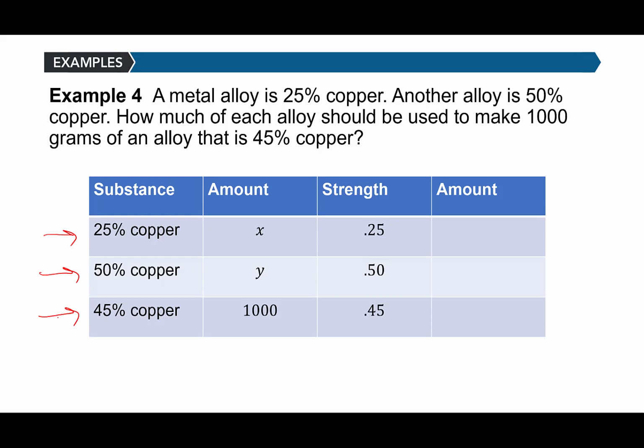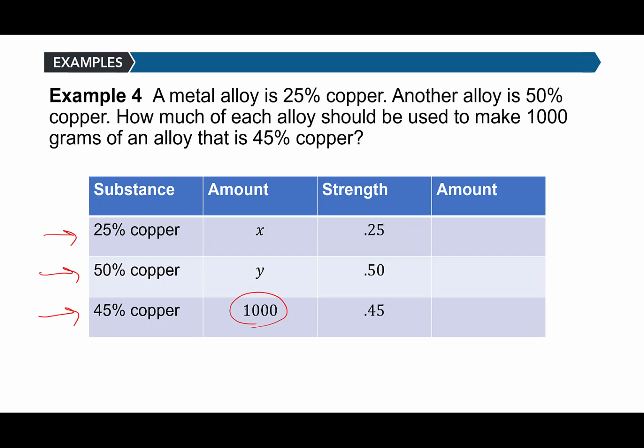Then we want to list the amount of each of those that we have. Well, we don't know, right? That's where our variables come in. We don't know how much of the two we're mixing together, so X is going to represent the amount of the 25% copper, Y will represent the amount of the 50% copper, and we know that together we want to get 1,000 grams of the 45% copper.